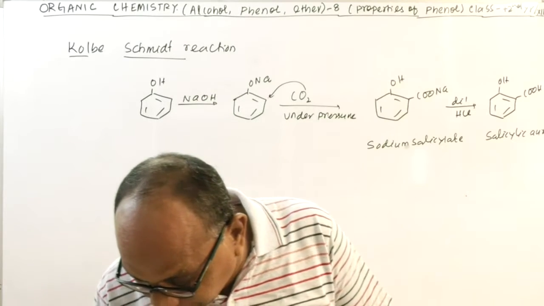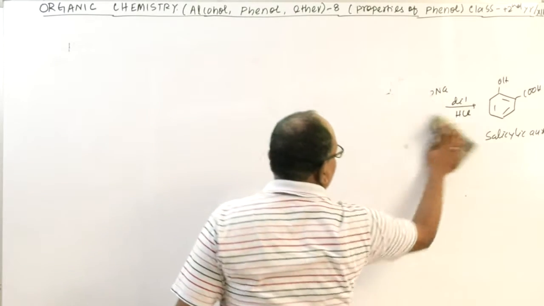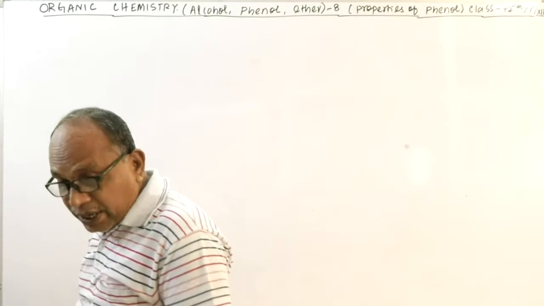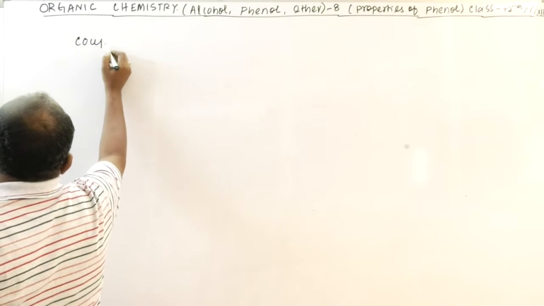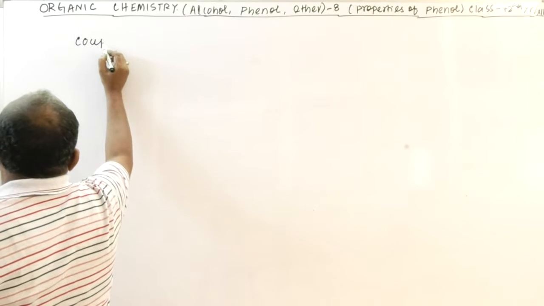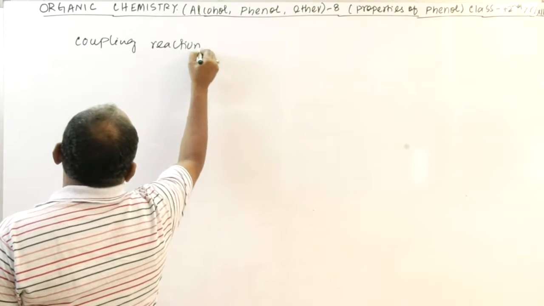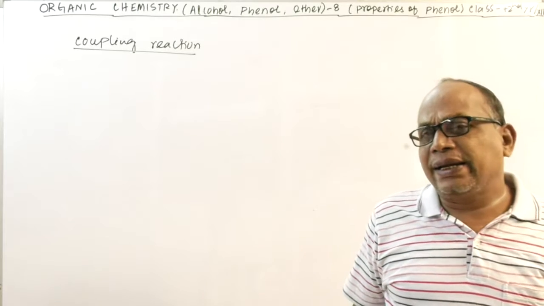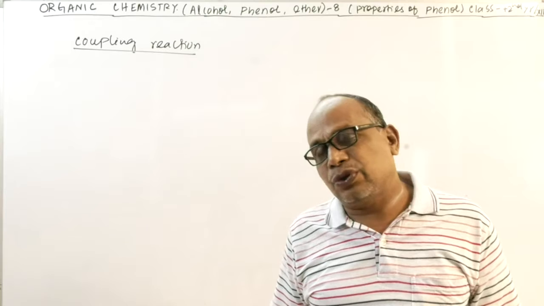Next, come to another one, the coupling reaction. That's called the diazo coupling reaction or coupling reaction. What is a coupling reaction? The coupling reaction takes place between benzene diazonium chloride and phenol in a slightly alkaline medium at pH 8, that means in the presence of sodium hydroxide.